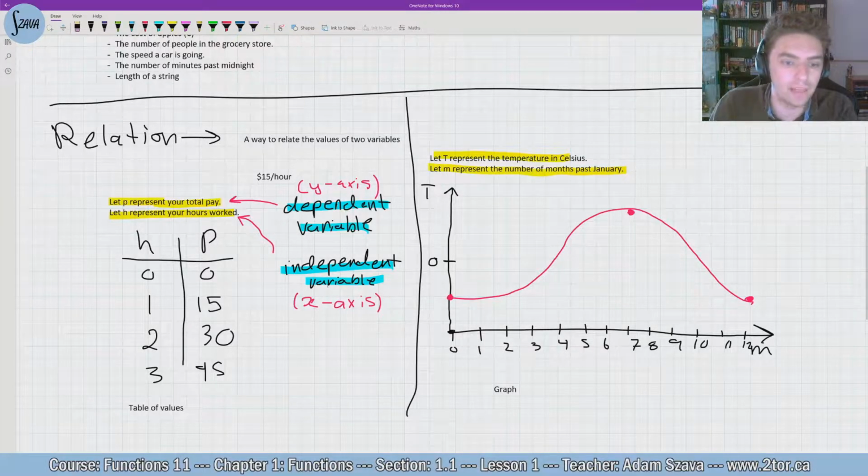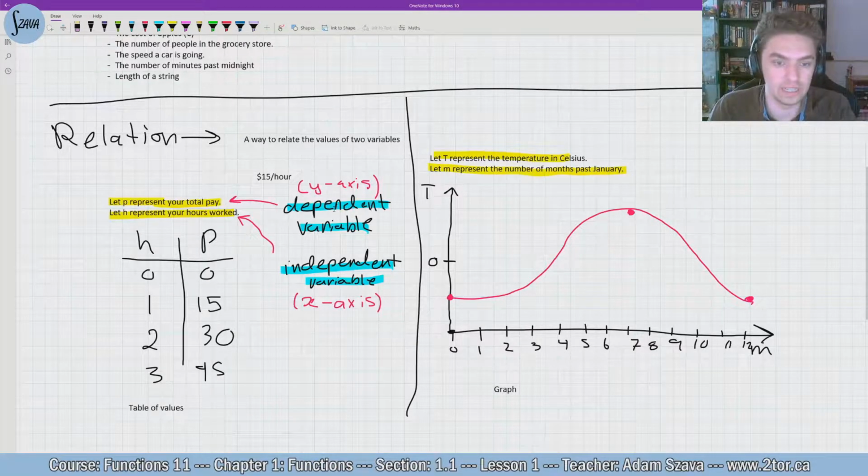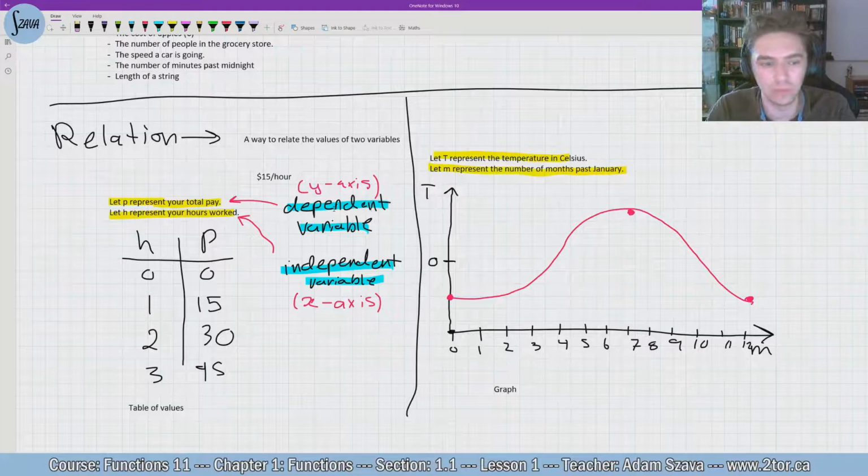Now, a lot of the time in math, we don't actually think about the technicalities of how the independent variable makes the dependent variable go forward, or how the dependent variable depends on the independent variable. We just think that there is an independent one and there is a dependent one. It doesn't matter if it's because that's how pay works or how temperature works.